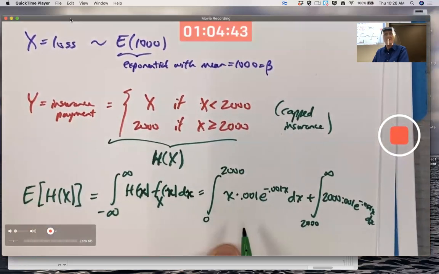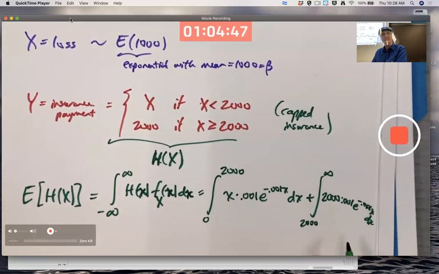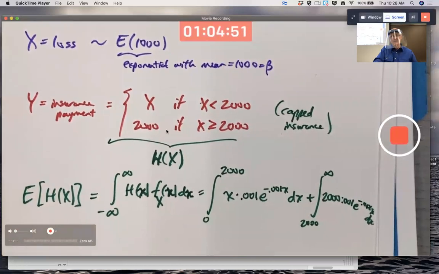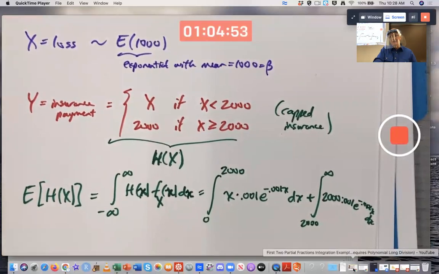This one you'd have to do integration by parts to do it by hand. This one you wouldn't. For the sake of time, let's just have Mathematica do this. Think about it intuitively. The mean of x itself is 1000.